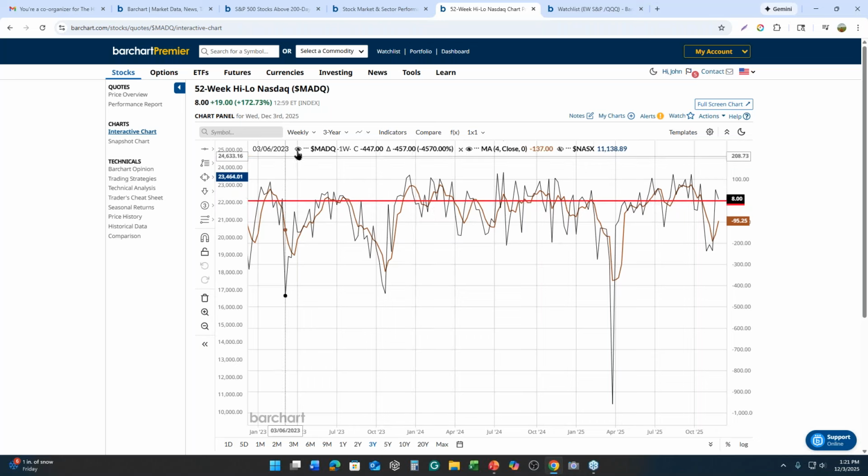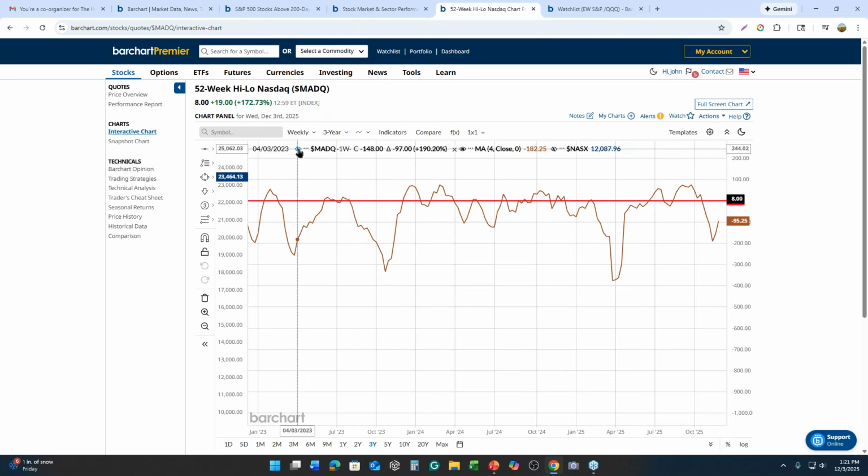So let's turn off our 1-week data point, and what we can see is the number of new 52-week highs versus the number of 52-week lows. That balance in terms of breadth. Again, what we want to look for is not only positive breadth, but that transition where we go from positive to negative.